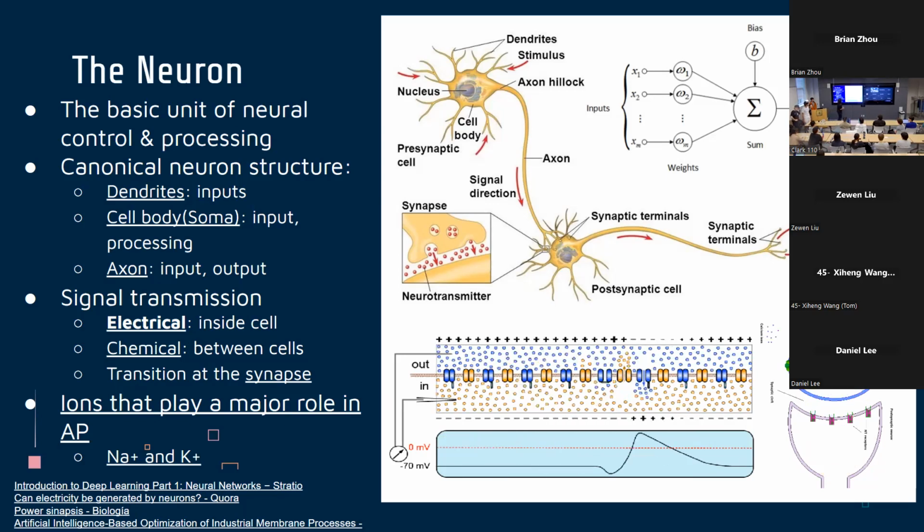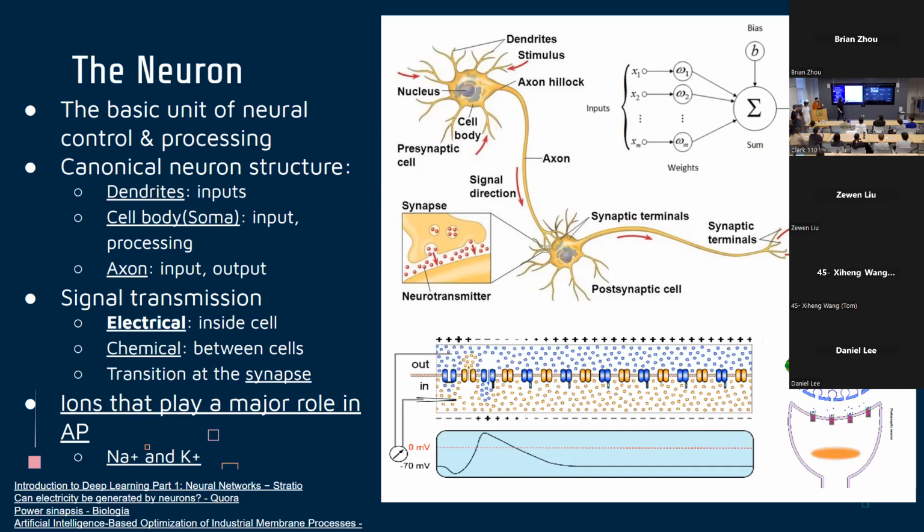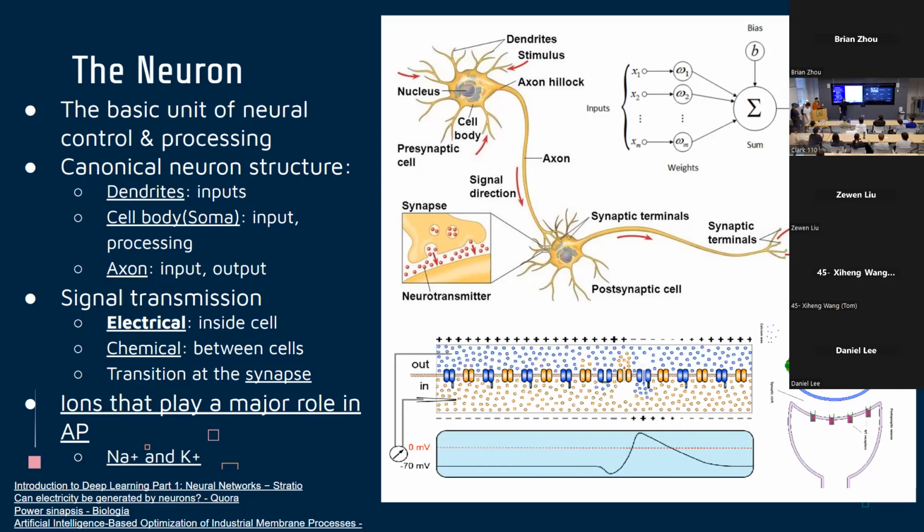For example, what this GIF is showing is how the signal is being transferred along the axon. This is along the cell membrane, and just by local changes of ions coming in and out, this is showing a voltage being passed down the axon.